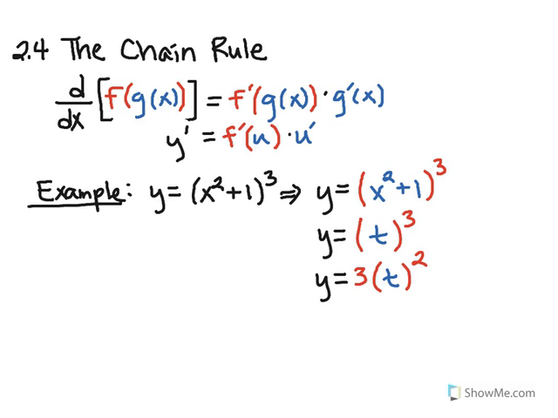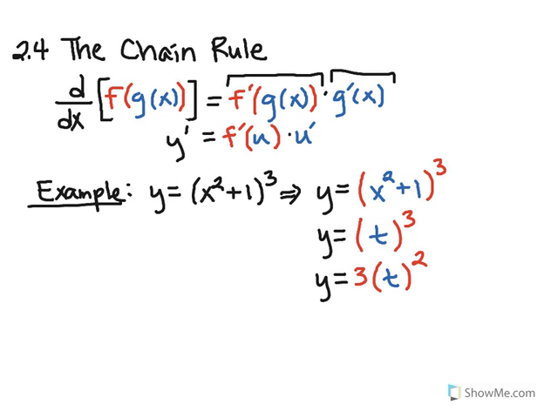Now I want you to take a look back here at the Leibniz notation. This very first part right here is what we just did. I took the derivative of my outside function and I left g of x alone. I haven't done anything to it yet. Now, the next part of this says, okay, well, that's nice. Now we're going to multiply by whatever the derivative of that inside function is.